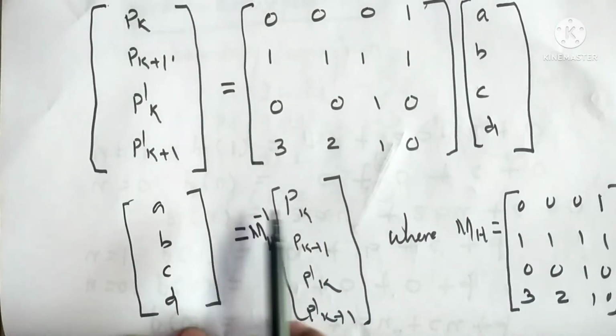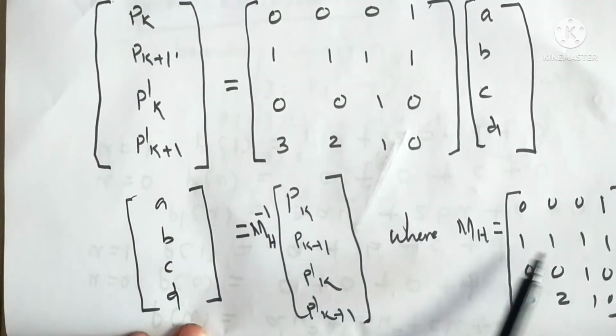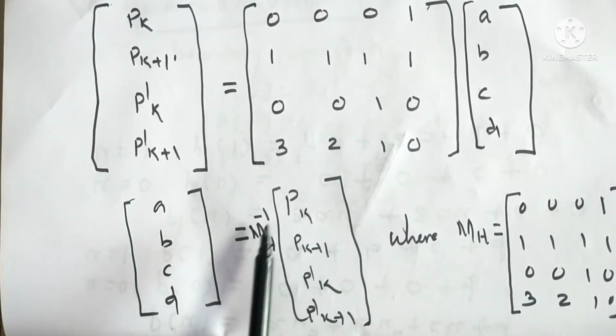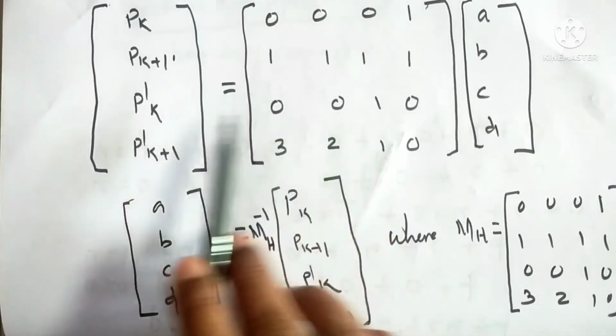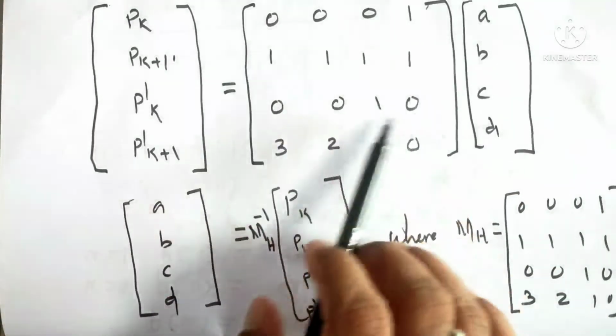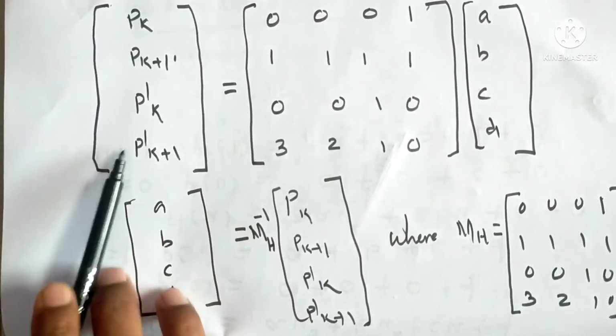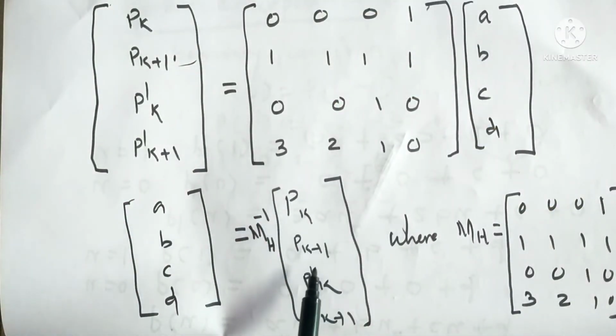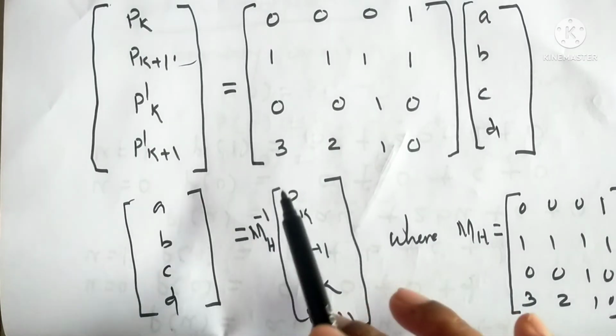If you can find the inverse of your MH matrix, alright, so here simply I did that one. You take the inverse, multiply it with your column matrix Pk, Pk plus 1, P dash K and P dash K plus 1, it will give you the ABCD. So what is the inverse value of this one?